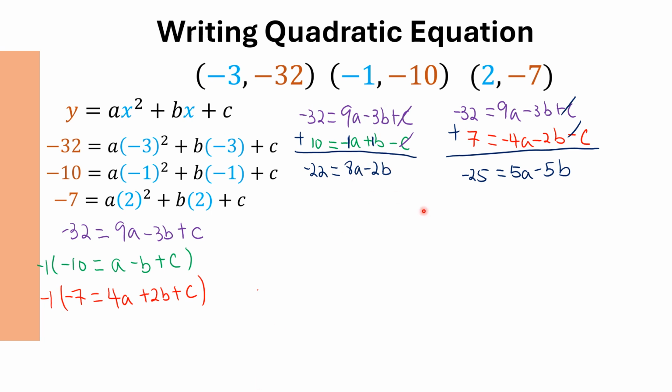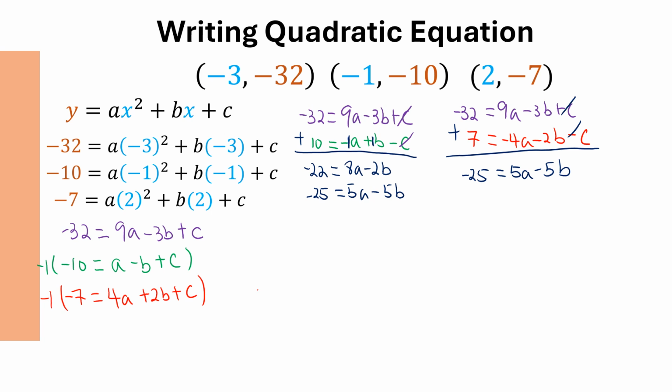Since these 2 equations only contain a and b, I can solve for a or b using the elimination method again. So I'm going to bring down the second equation below this equation. The variable that we are going to eliminate here is going to be the b. You can eliminate a if you want to. It doesn't really matter.